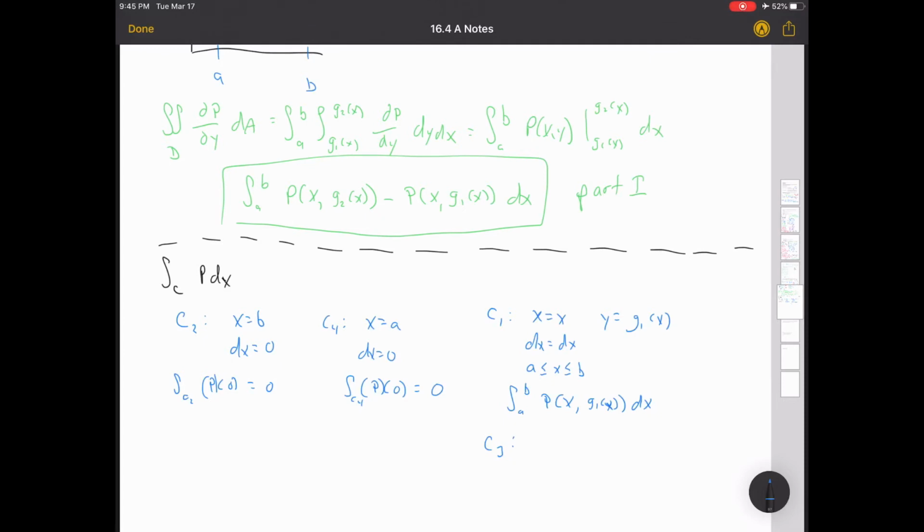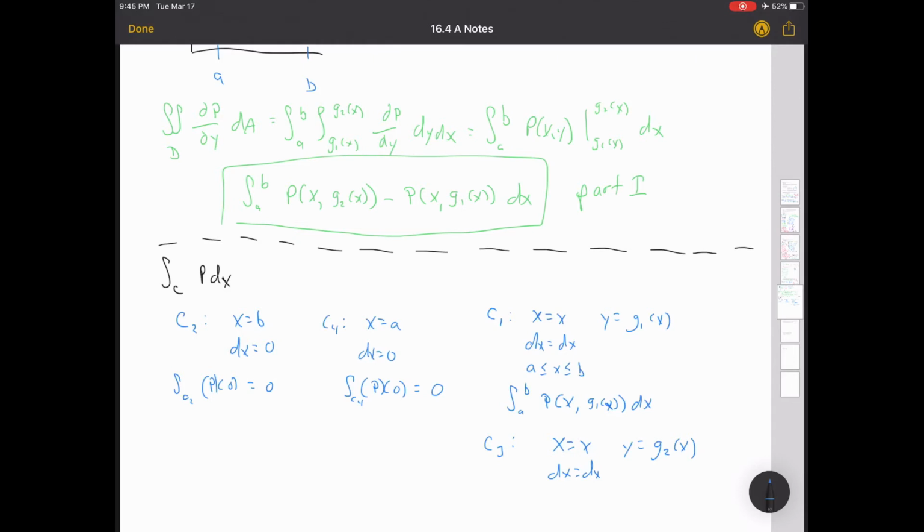Once again, in C3, we're also going to let x equal x, and we're going to let y equal g2 of x. Once again, dx is dx.